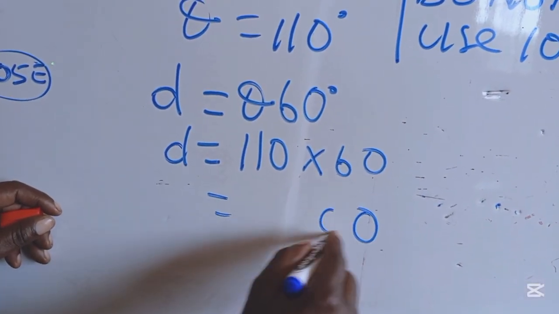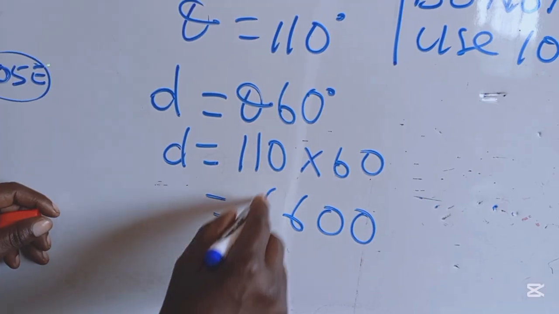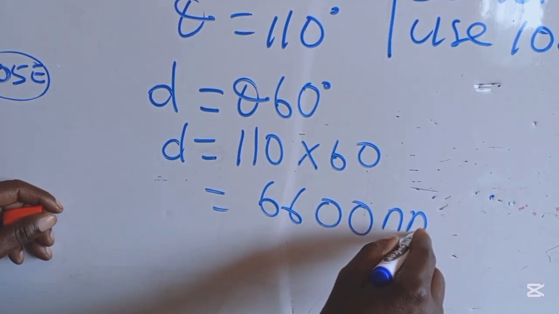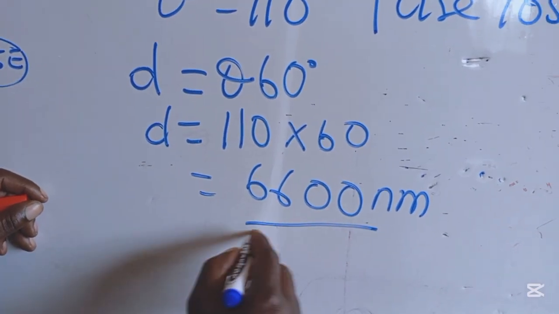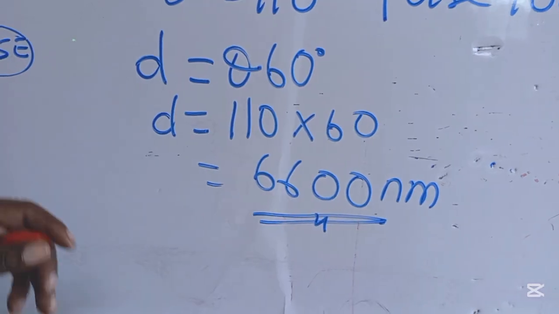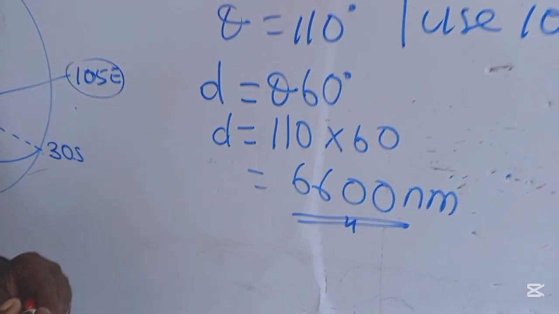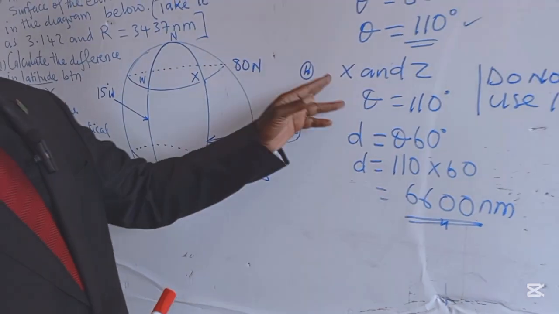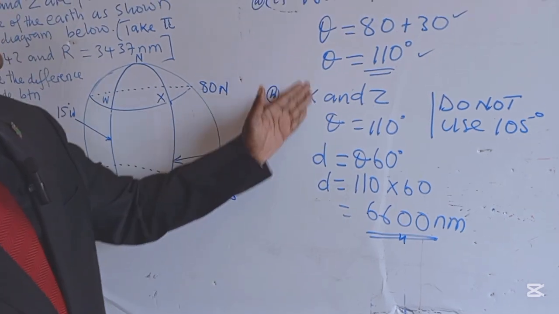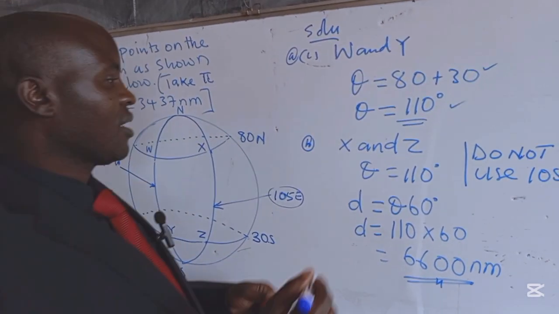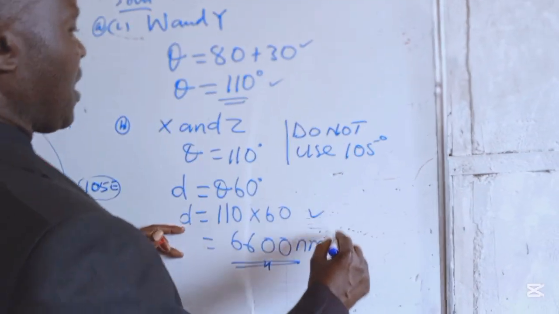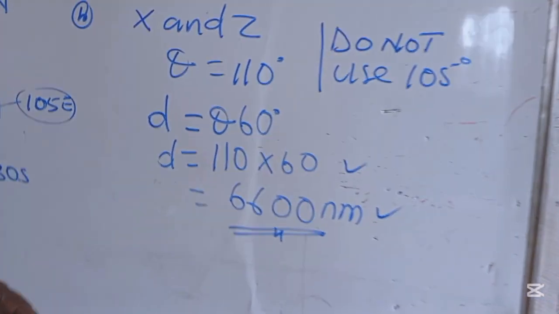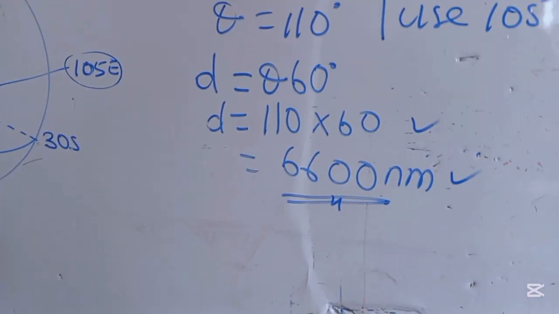I'll write 1, 2, then 6 times 6, so it will be 66 nautical miles. You can see that I'm not even using a calculator, although I'm allowed. So it means I've found the distance between X and Z. So this is how we do it. Please, showing this method is a mark. You agree with me that you are doing the correct thing.